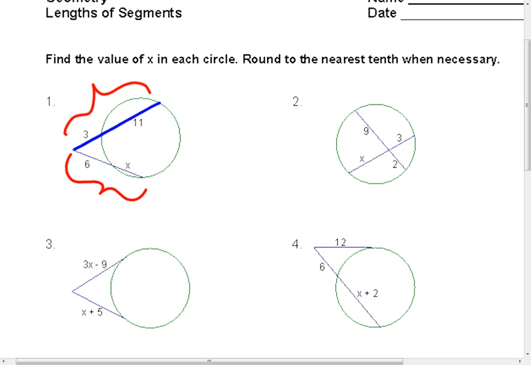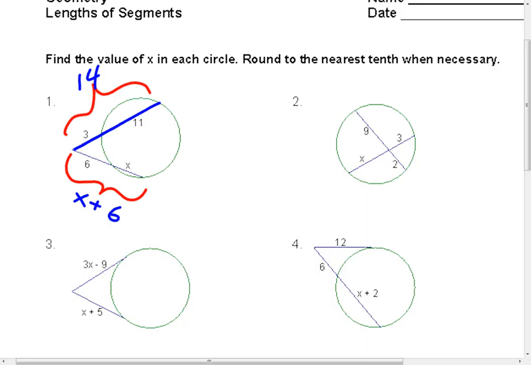What do I want to call that distance? Since I have the numbers in front of me. What's the whole secant? 14. 3, 11, 14. What am I going to call this one that has two chunks that are 6 and x?